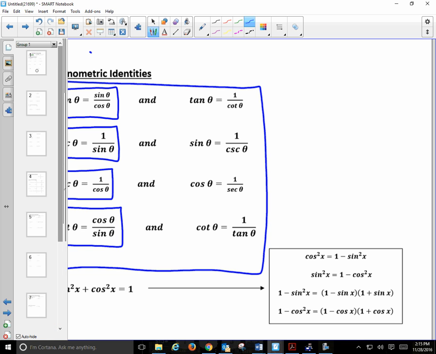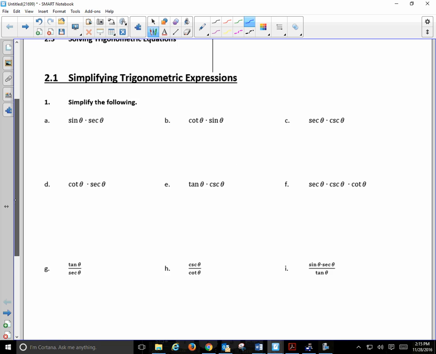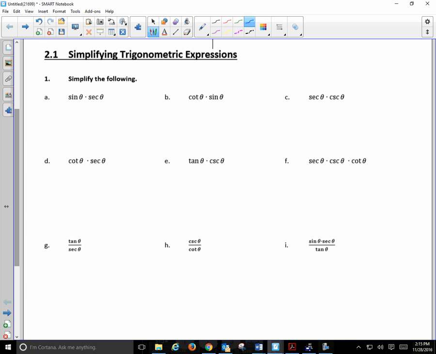Here we go. Sine times secant is something different than sine secant. And one way to simplify trigonometric expressions is to rewrite in terms of sine of theta and cosine of theta.